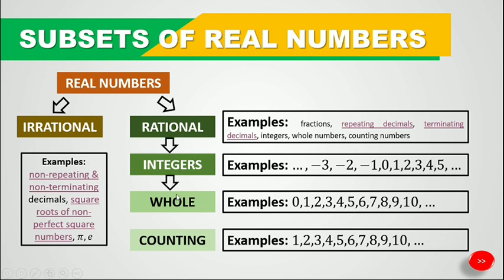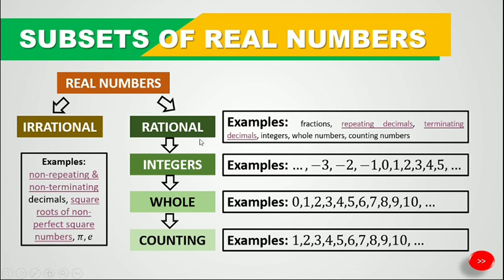And under whole numbers, we have counting numbers. So just understand that counting numbers belong to whole numbers, whole numbers belong to integers, integers belong to rational numbers, and rational numbers belong to real numbers. Irrational numbers are the numbers that are not included in the rational numbers.